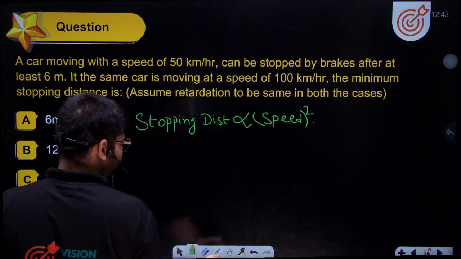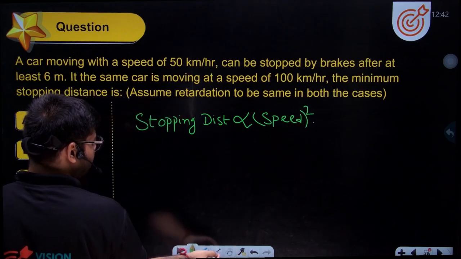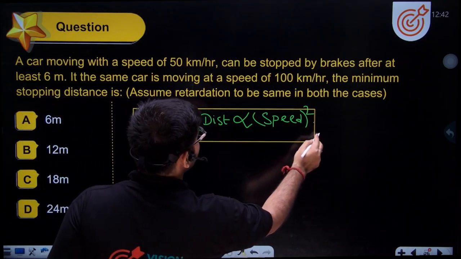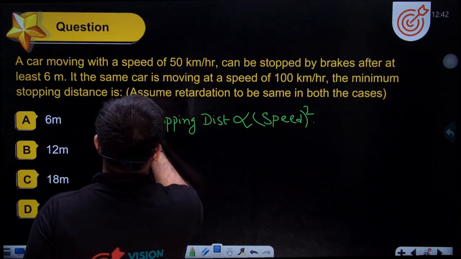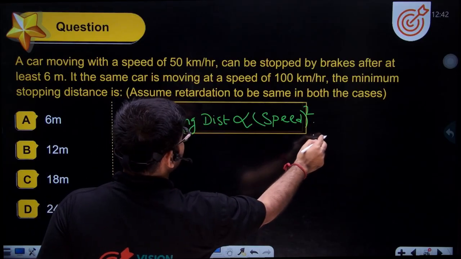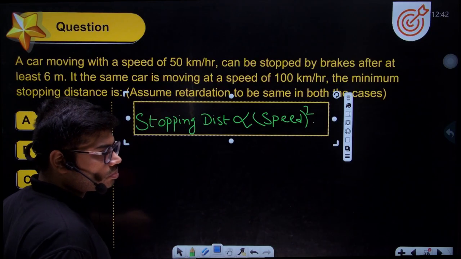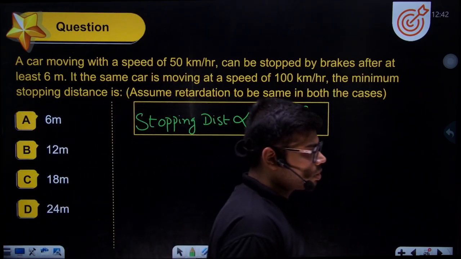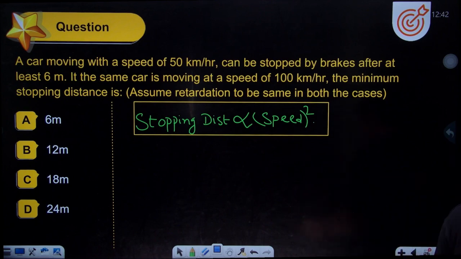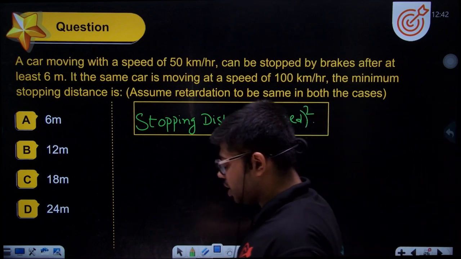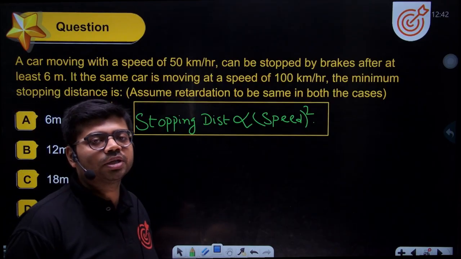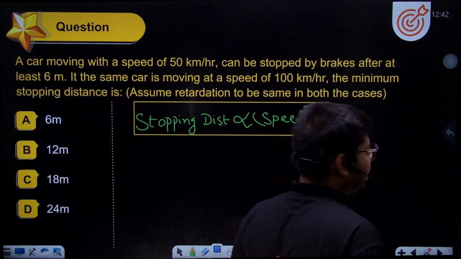Just if you remember this point, half of your effort is basically reduced. Let us keep it like this. See, so stopping distance is proportional to speed square. क्योंकि अगर स्पीड ज्यादा रहेगा तो it is going to take more time to stop, right?